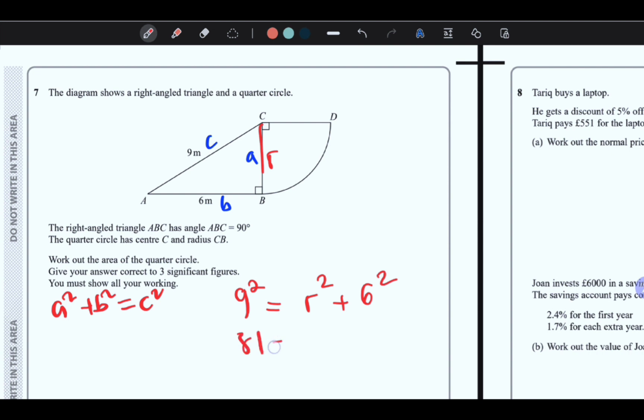This is going to be 81 equal to r squared plus 36. And work that out. You should get r equal to square root of 45, which is approximately 6.708. Okay, that's r in meters.